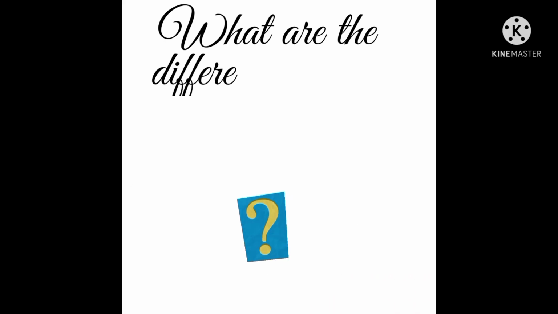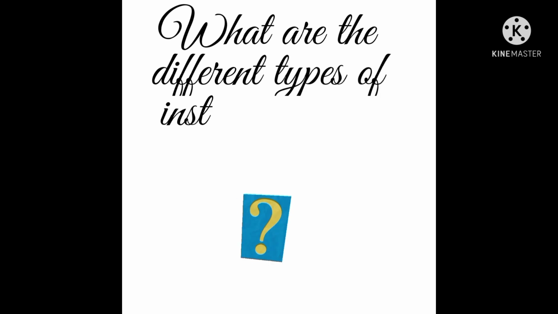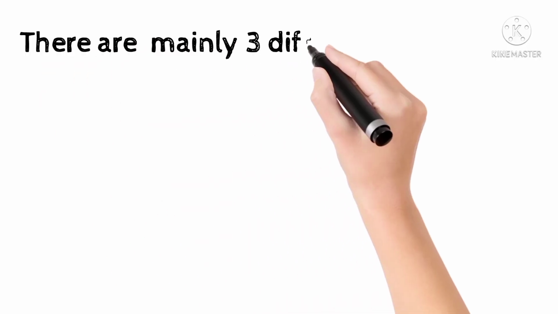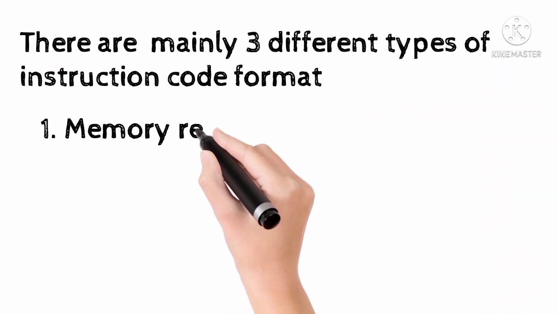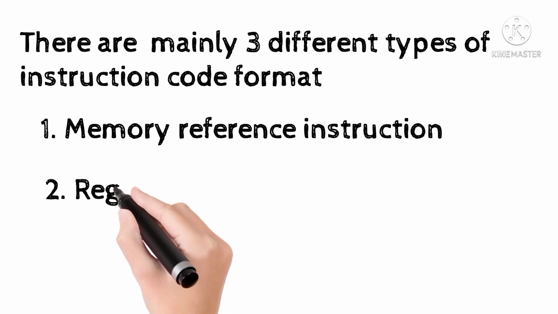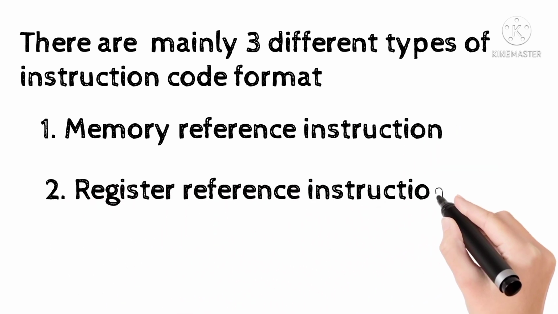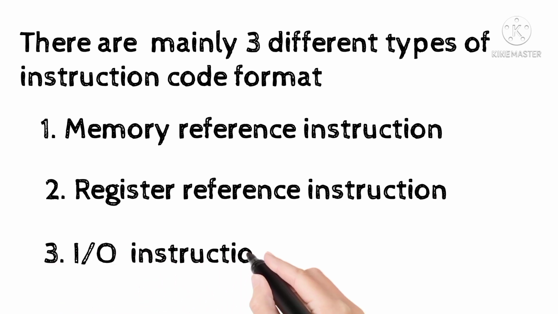Let's see the different types of instruction codes. There are mainly three different types of instruction code format. First one is memory reference instruction, second one is register reference instruction, and the third one is IO instruction.